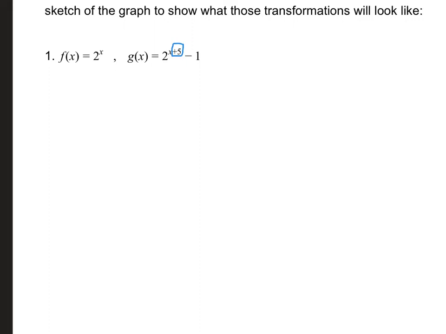Now, that's easy, right? We know if it's happening on the inside, it's going left or right, and it's always opposite of what you think. So if we're adding 5, then we're going left 5 units. And then here we're going down, I'm sorry, we're subtracting 1, so therefore we are going down 1 unit.